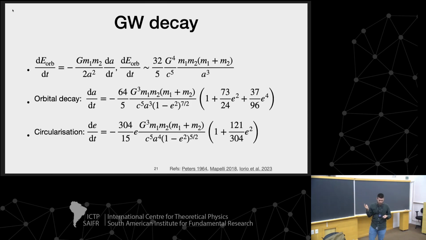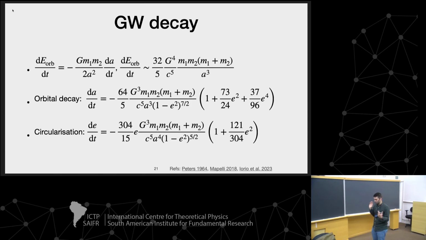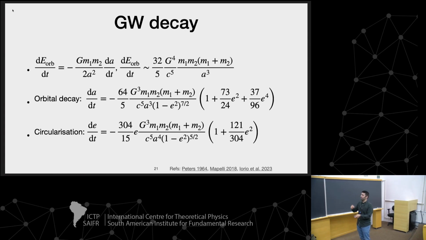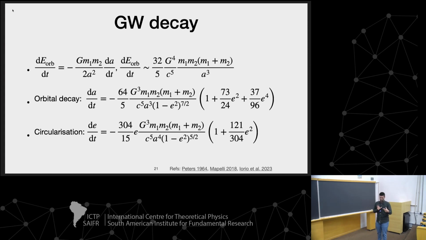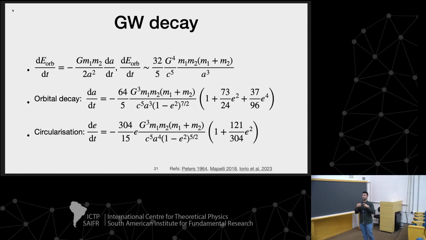You have the orbital decay, where a is the semi-major axis of the binary, so the distance between the two sources. Given gravitational wave radiation, the binary system is shrinking. And what also happens is circularization. As you emit gravitational waves, your binary tends to circularize. These are the two things happening with gravitational wave radiation.